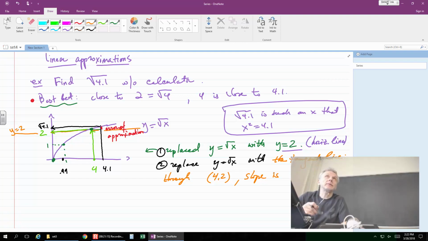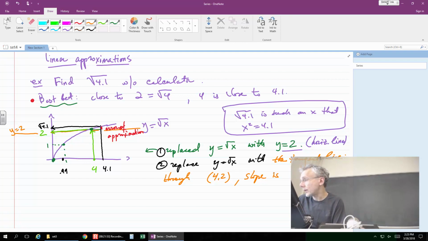Rise over the run, delta y over delta x, dy over dx, all of that. How do we find tangent lines? What does it have to do with calculus anyway? Tangent lines. That's what the whole calculus is about. It's the derivative, the value of the derivative at that point.